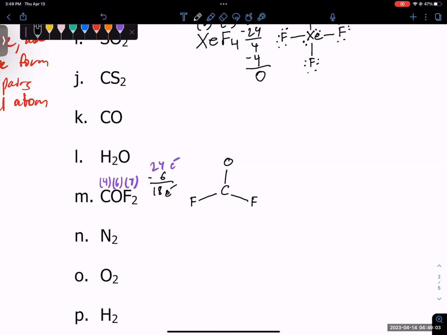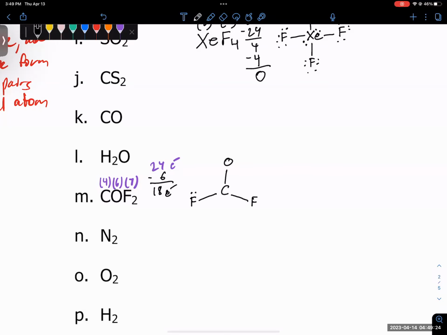What is our next step? One crucial step. Yeah, so we're going to draw out our lone pairs on our surrounding atoms.